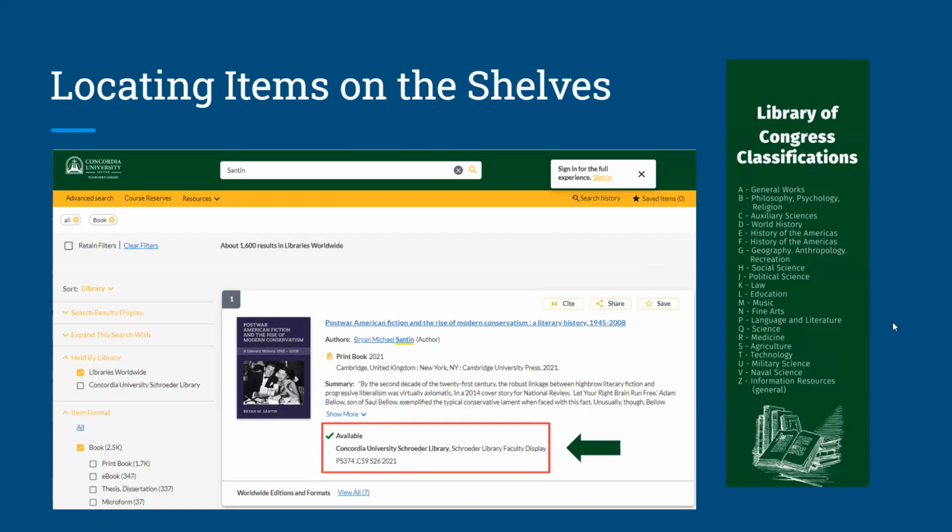Additionally, if you're close enough to come by, you can also just browse and find things through discovery of looking through our shelves and seeing what's available, as long as you know the Library of Congress classification number to have a better idea of where the topic that you're looking for can be found.